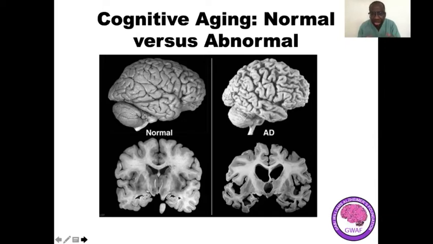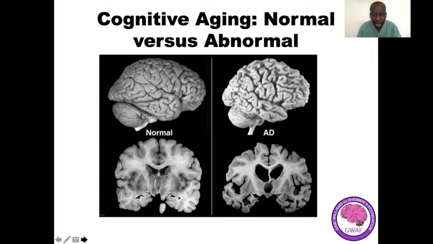It looks almost dehydrated. And you can see the grooves look wider, the so-called sulci look wider, and the gyruses, which are where the brain cells are stored, look a little smaller as well. This smaller, more shriveled up brain is what we refer to as atrophy of the brain.